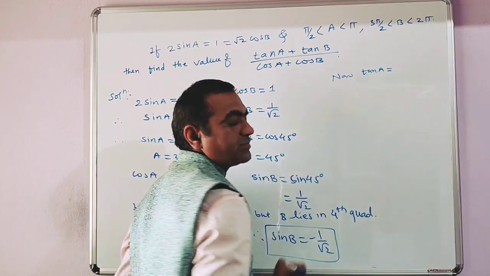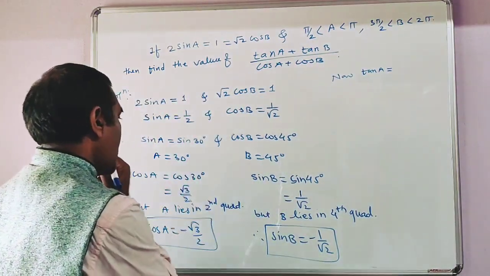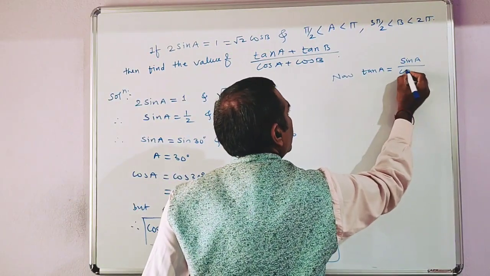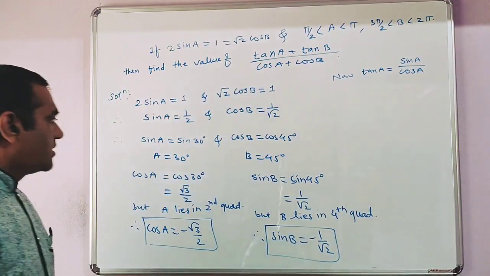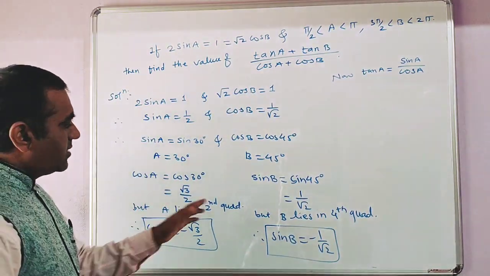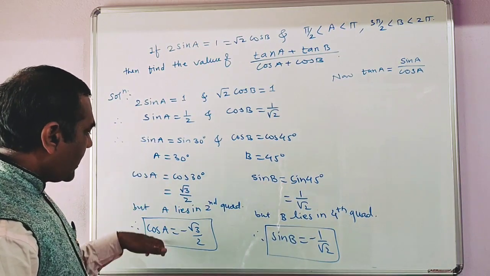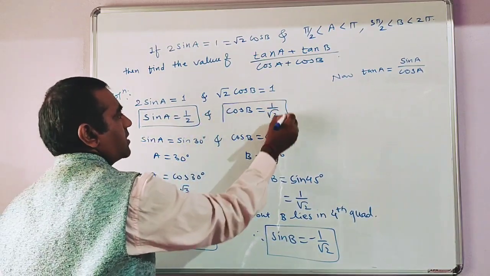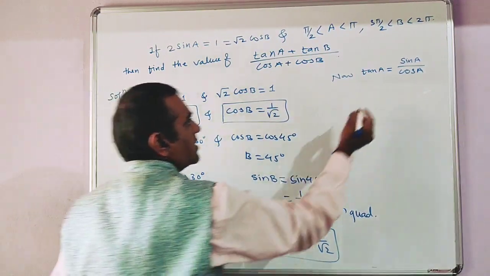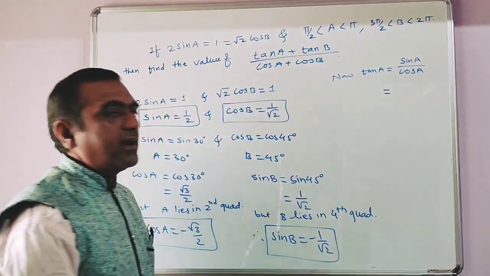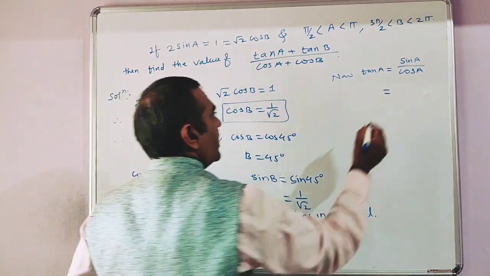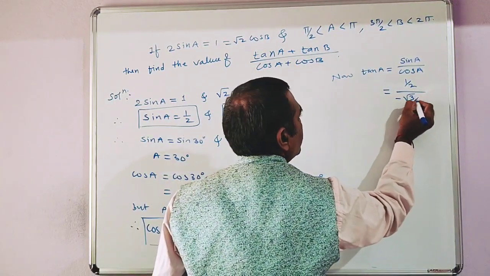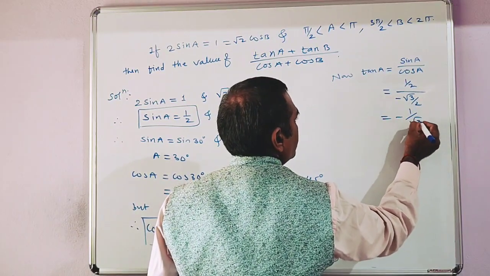Now, tan A is equal to sin A upon cos A. These are the basic formulas. We have sin A, cos A, cos B, sin B, so definitely we can find out tan A and tan B. Sin A is 1 by 2, and cos A is minus root 3 by 2, and this will be minus 1 by root 3.